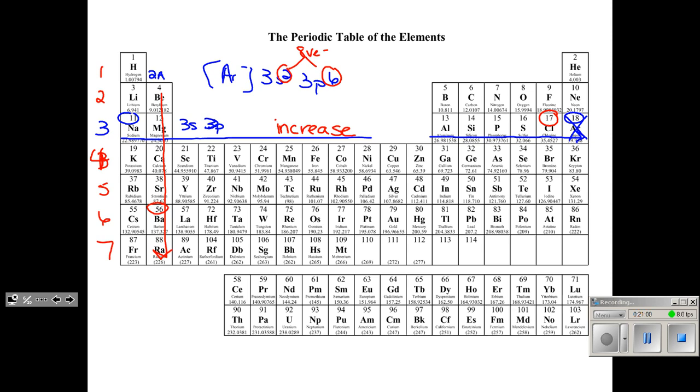The outer electrons of calcium are at energy level 2. So barium has 56 electrons. If it's going to attract any more electrons, they're going to come in at the 6th energy level. And the electrons that are already there are really losing their attraction for the nucleus.